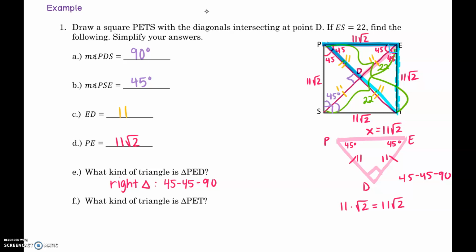We know that angle EPD is a 45-degree angle, and we know that ETD also measures 45. So again, we're going to have a right triangle, and more specifically, a 45-45-90 triangle.